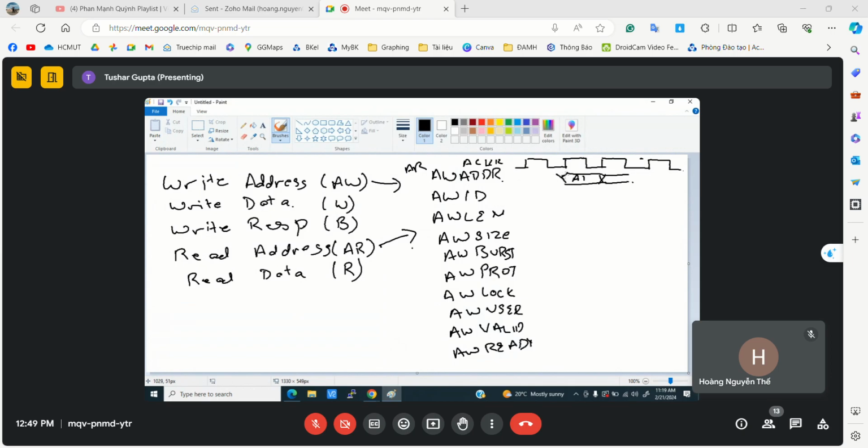There can be multiple addresses generated on the ARADDR. It can be any possible address you want to request. Now, what is AWID? For every request we are generating, for every address, the master will generate a particular ID.